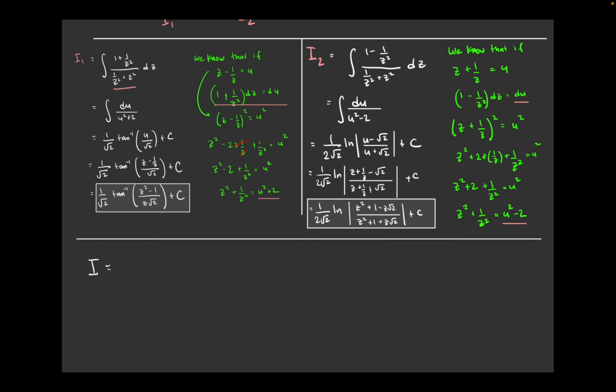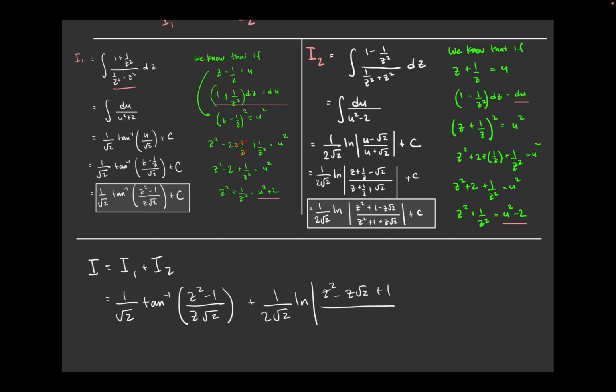So, I is just I1 plus I2, which is equal to 1 over square root of 2 arctangent of z squared minus 1 over z square root of 2 plus 1 over 2 square root of 2 ln of z squared minus z square root of 2 plus 1 over z squared plus z square root of 2 plus 1 plus c.